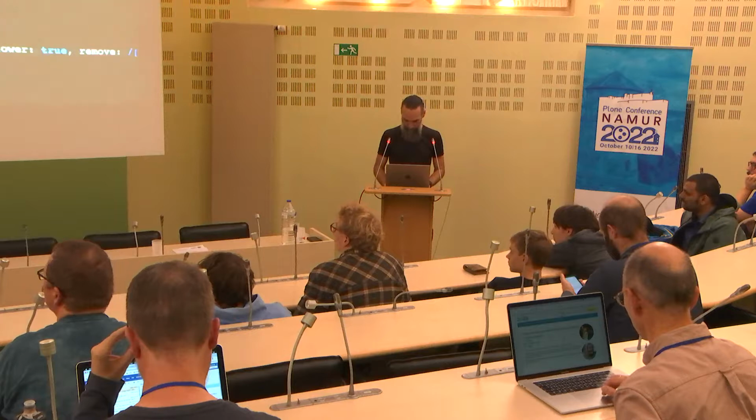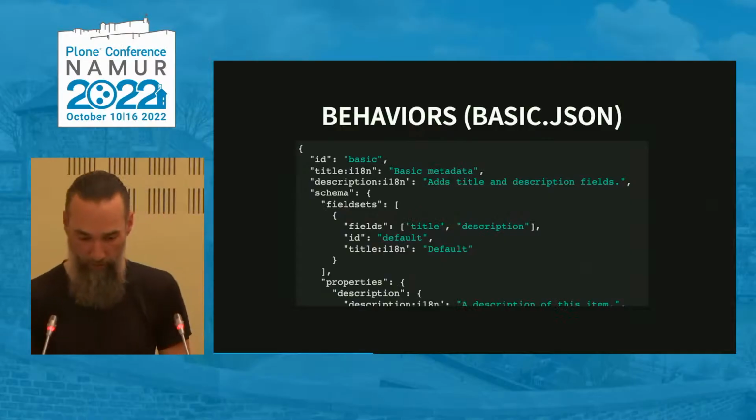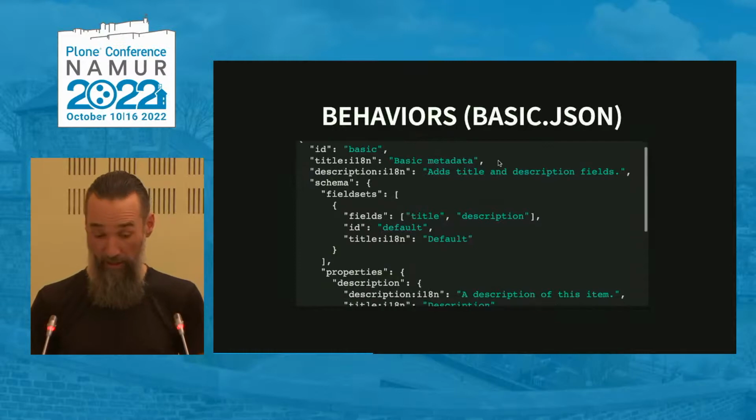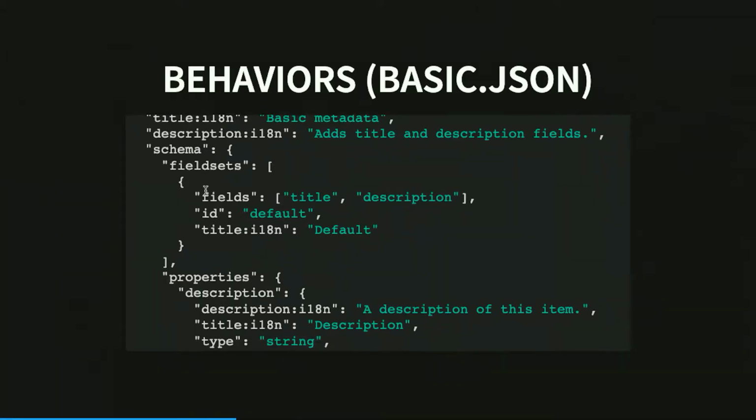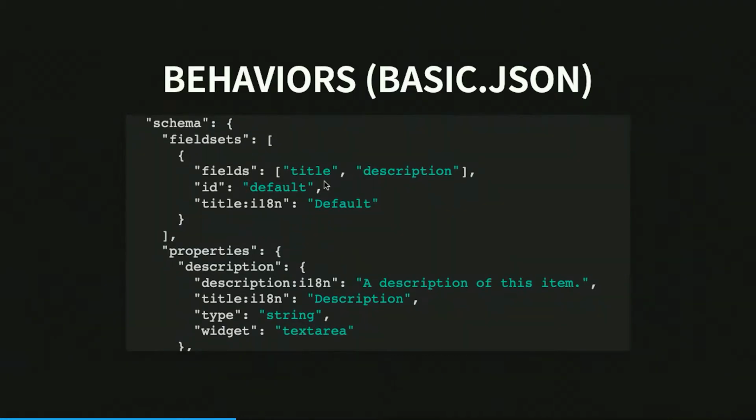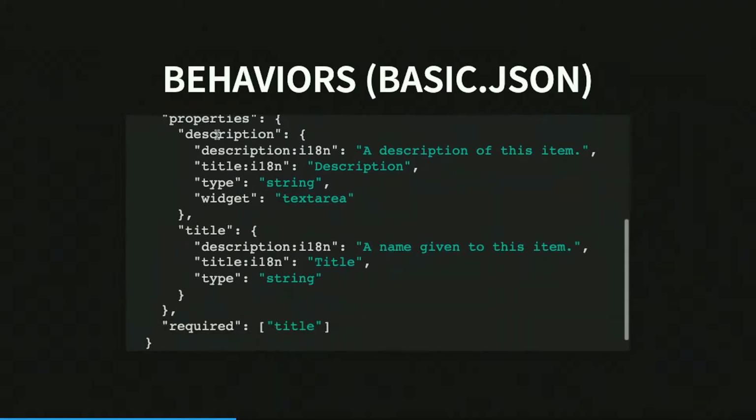Here we go. This is a class-based one. Here we go. So this is a behavior. This is the basic behavior in this case, and it's just a JSON schema. So there's a field set, and then it has a property description and property title. That's all.